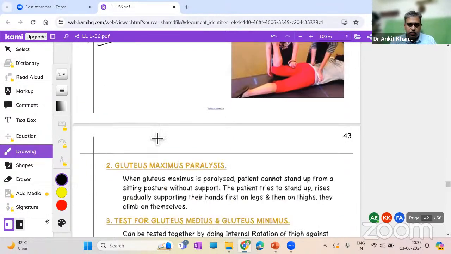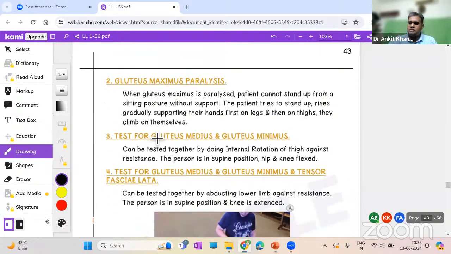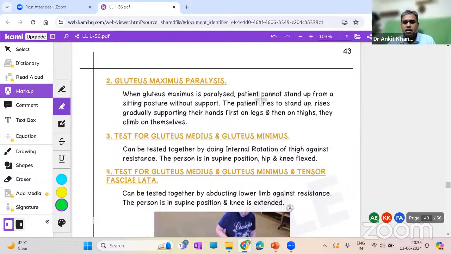So you can test the gluteus maximus. If paralysis occurs, what will happen? These things the patient might come and say to you directly. The patient cannot stand up from a sitting posture without support. Another thing is walking up the stairs. When you go upstairs, you flex your thigh and put your foot on the next step.